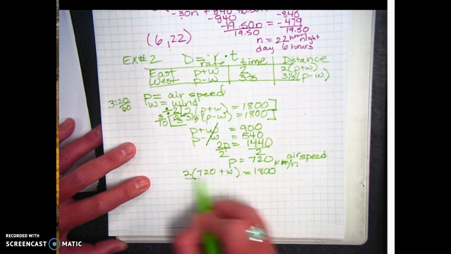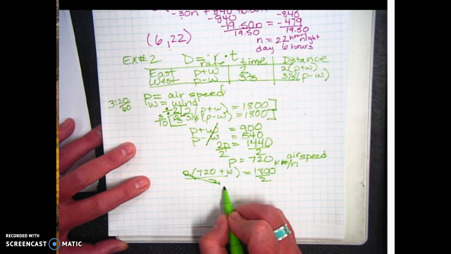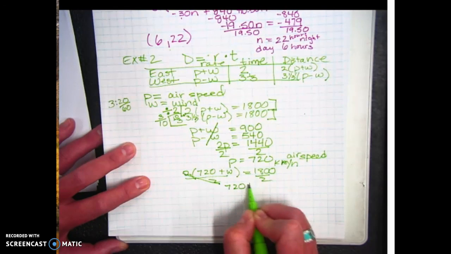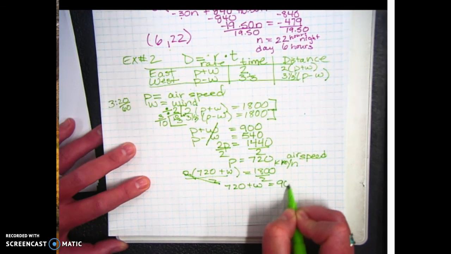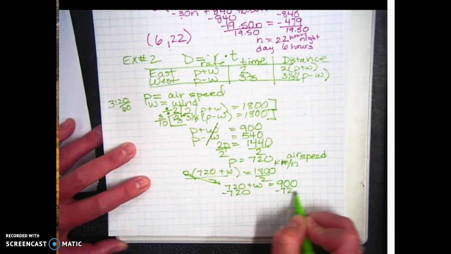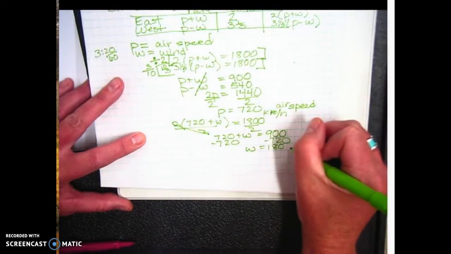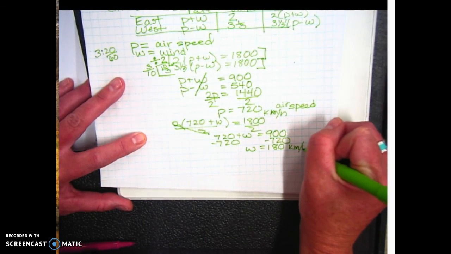I'm going to divide both sides by 2 first, because I just like to get rid of that fraction right away. So 720 plus W is 900. Subtract the 720. I got W is 180. So that's the kilometers per hour. And that's our wind.